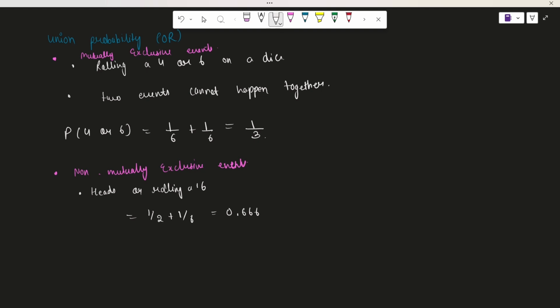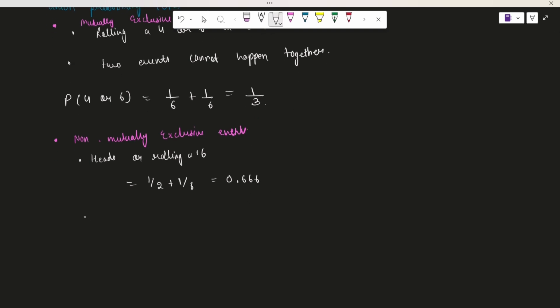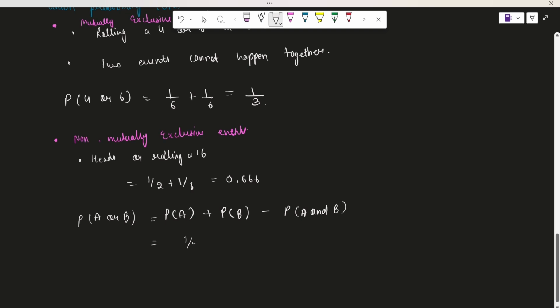We double count the heads and 6, because we have taken heads and 6 together also. So in this case, we use the sum rule. In the sum rule, the probability of A or B is equal to the probability of A plus the probability of B, minus the common probability of A and B. By using this formula, we got 0.53833.